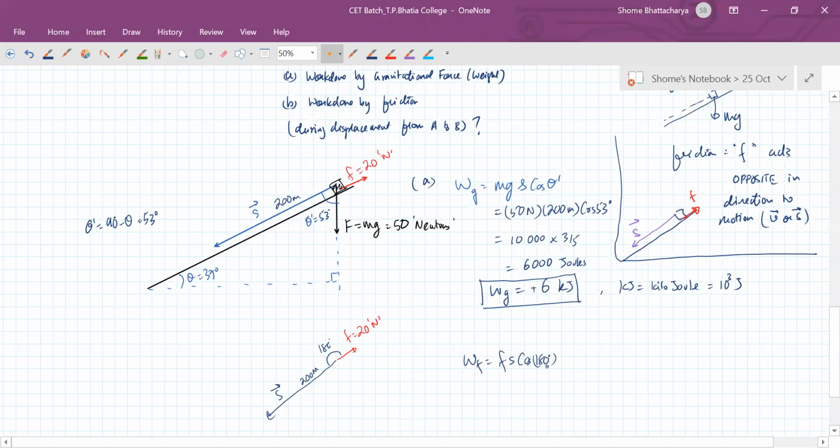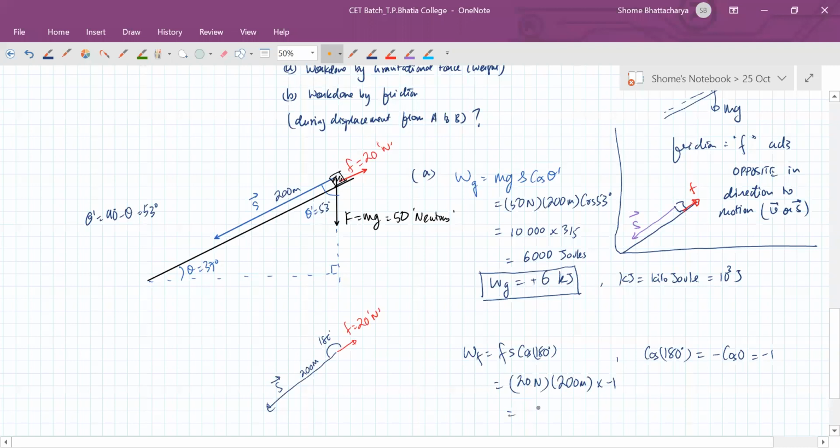So how much will that become? Cos 180 is how much, Santosh? 180 degrees is the angle, that's correct. So cos 180 will be how much? It is minus cos 0. So that's minus 1. So this will become 20 newtons multiplied by 200 meters multiplied by minus 1.